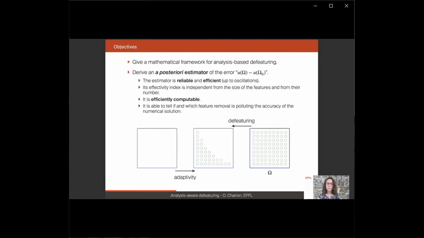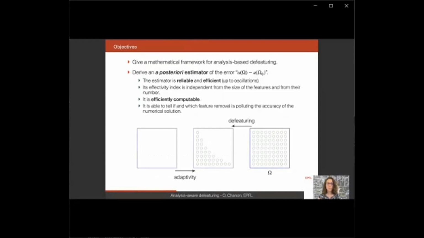This is why in our recent work, we give a solid mathematical framework for analysis-based defeaturing. Moreover, we introduce an a posteriori estimator of the defeaturing error, that is, of the error between the solution on the exact geometry and the solution in the defeatured geometry.